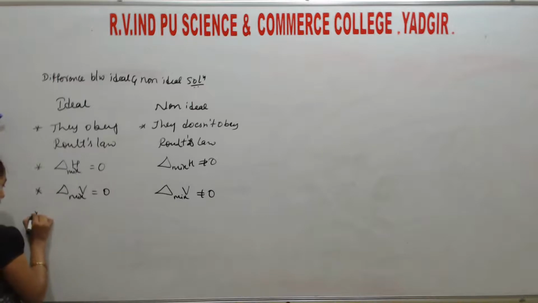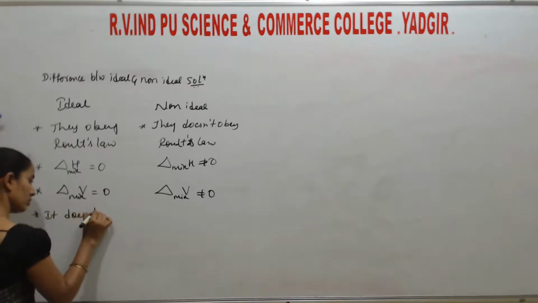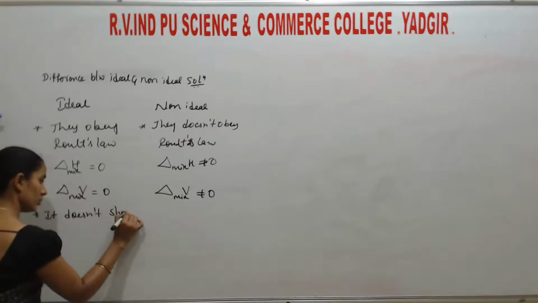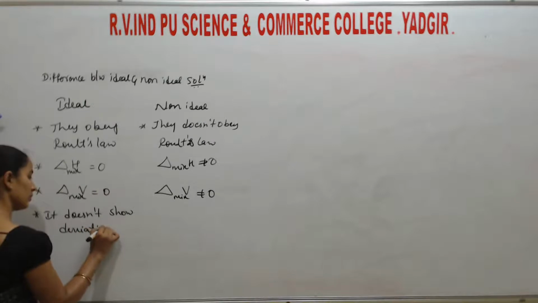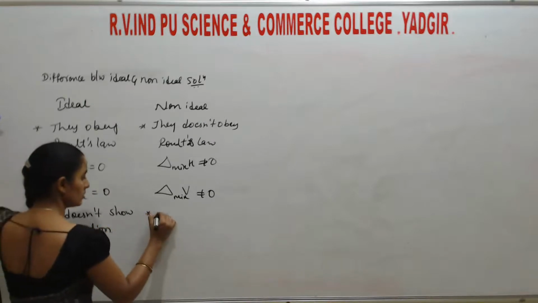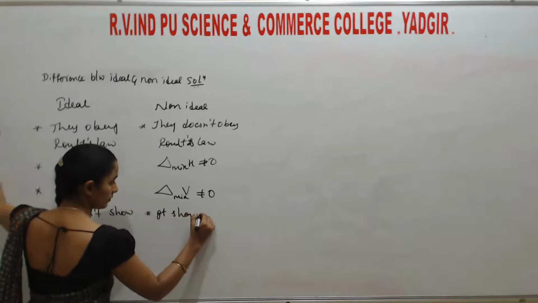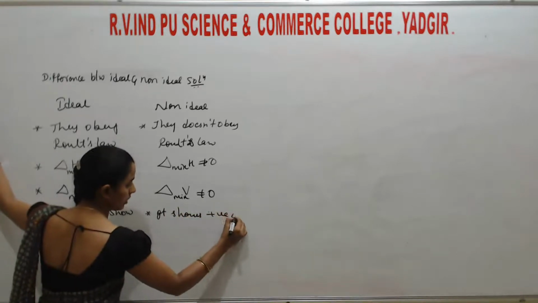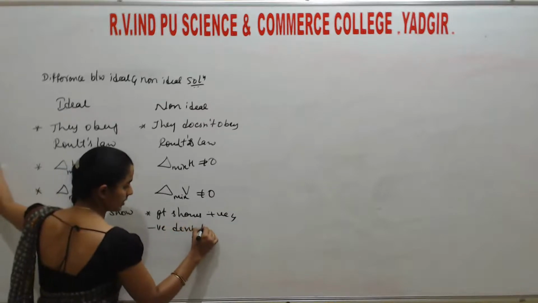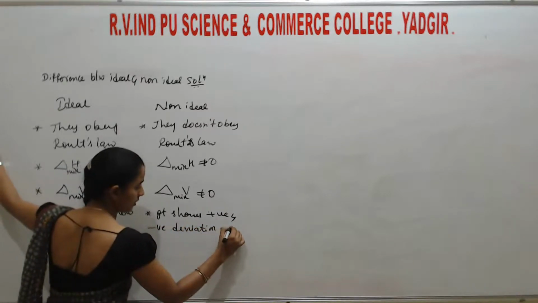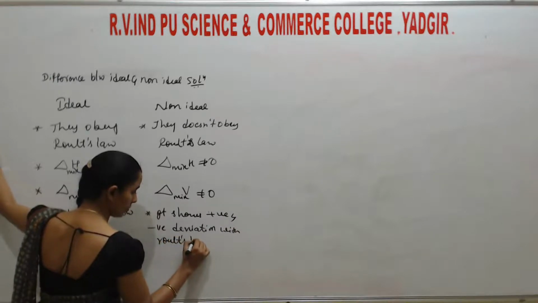So this one doesn't show deviation, while this one shows positive and negative deviation from Raoult's law.